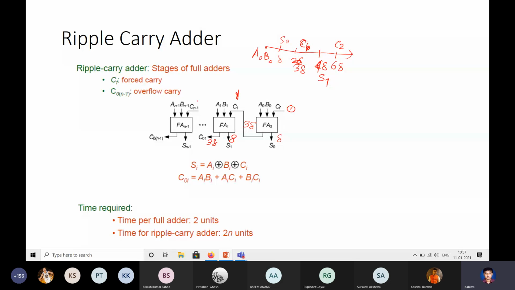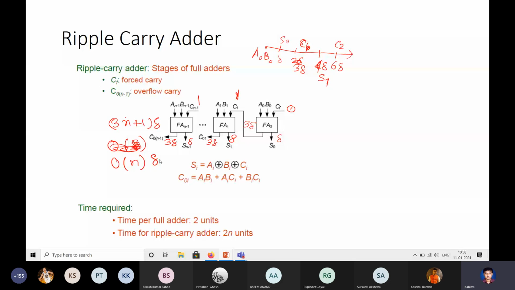If you keep on adding them, you will see that for an n-bit adder the final carry comes at 3n plus 1 delta, which we write as order n delta.